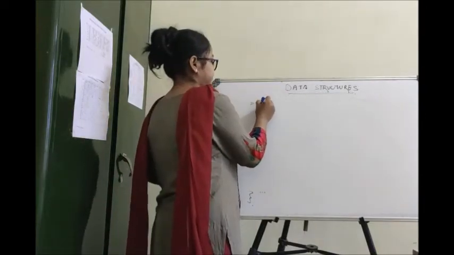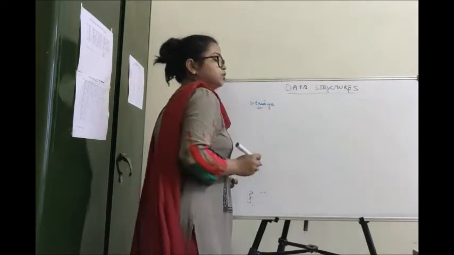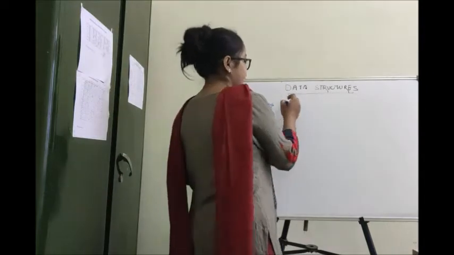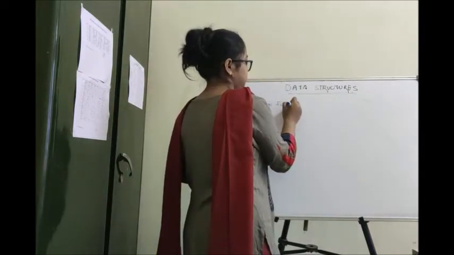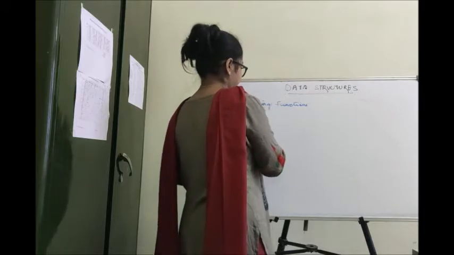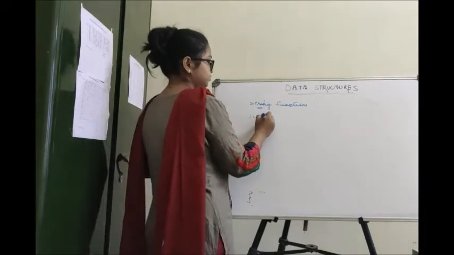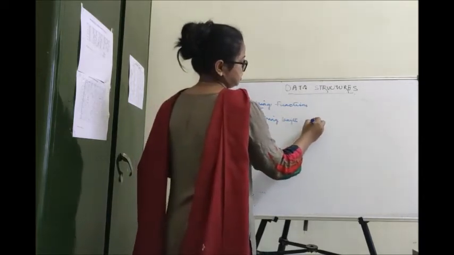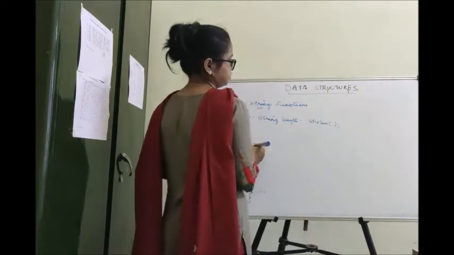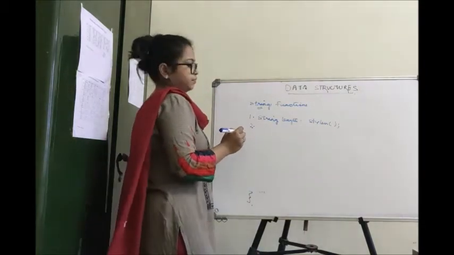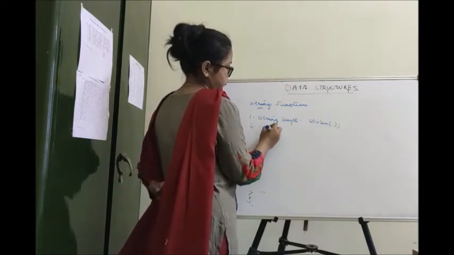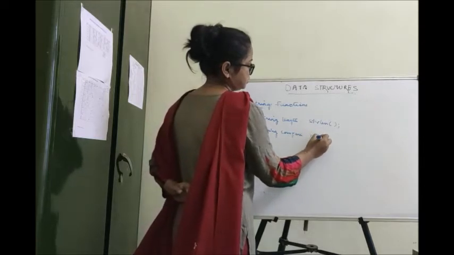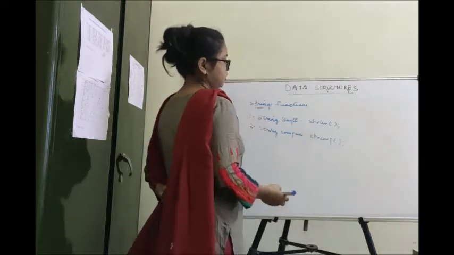So, we could say there are 5 major string operations or string functions. Number 1 is string length, strlen. That's the function name. Second one is string compare, strcmp. Okay.